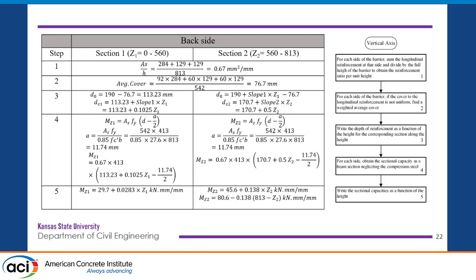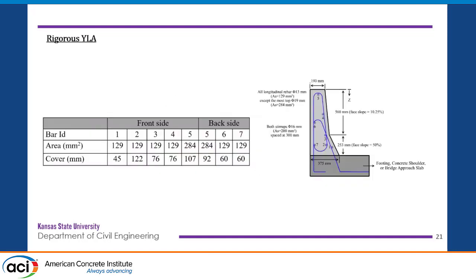And now we start with the back side, and along the vertical axis, we can see that the barrier has two different sections at the bottom and the top. So there's a point of discontinuity here. This is one section, and this is the other section along the vertical axis.